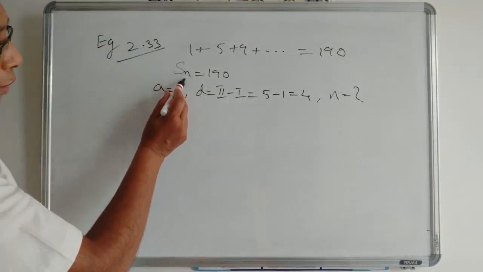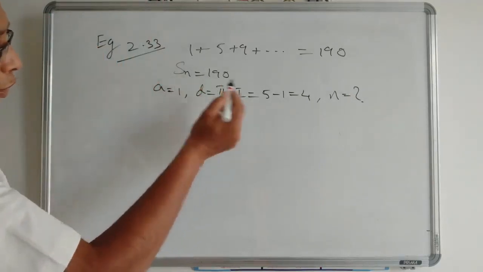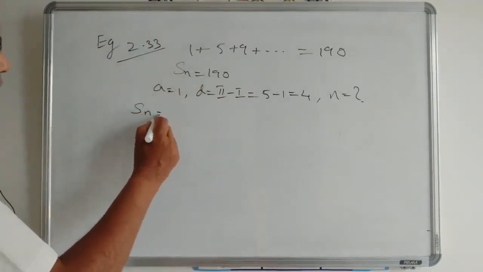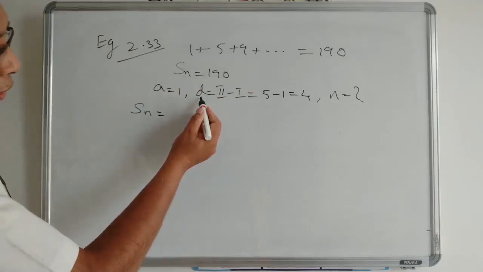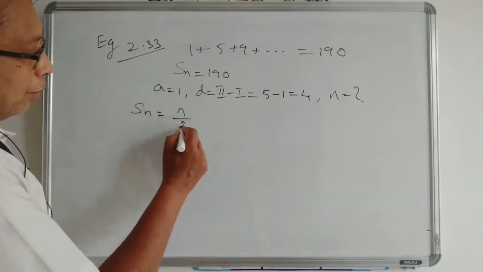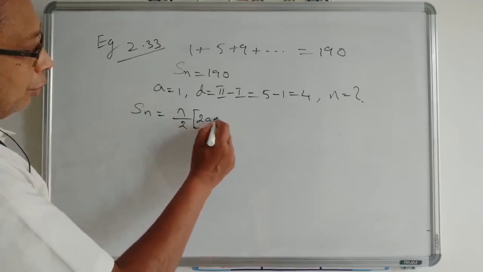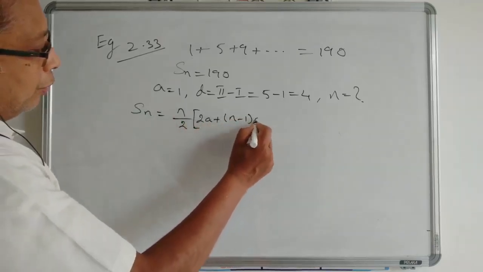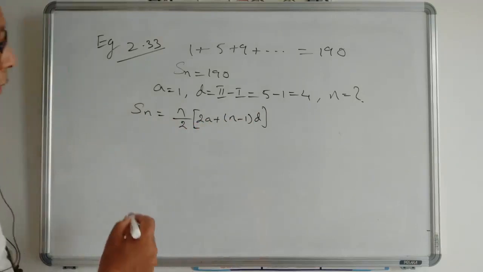Sn is given as 190 and d is given, therefore we use the first formula, Sn equal to n by 2 into 2a plus n minus 1 into d.